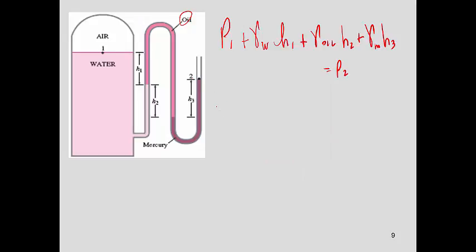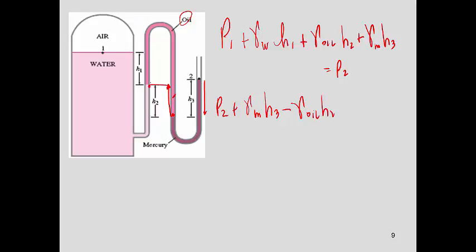So now I say, okay, P2, and I'm going down plus, and it's mercury, so gamma mercury times H3. So now here the pressure is the same, but I'm going to go up, and this is H2, but it's this oil, so I'm decreasing in depth, so it would be minus gamma oil times H2.